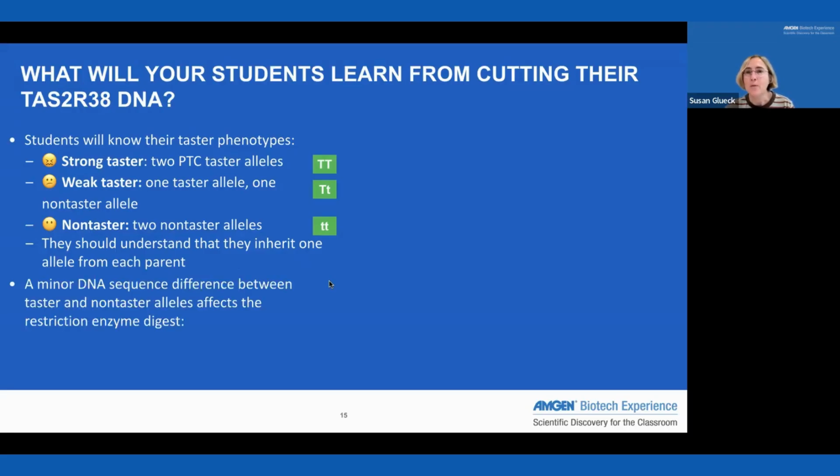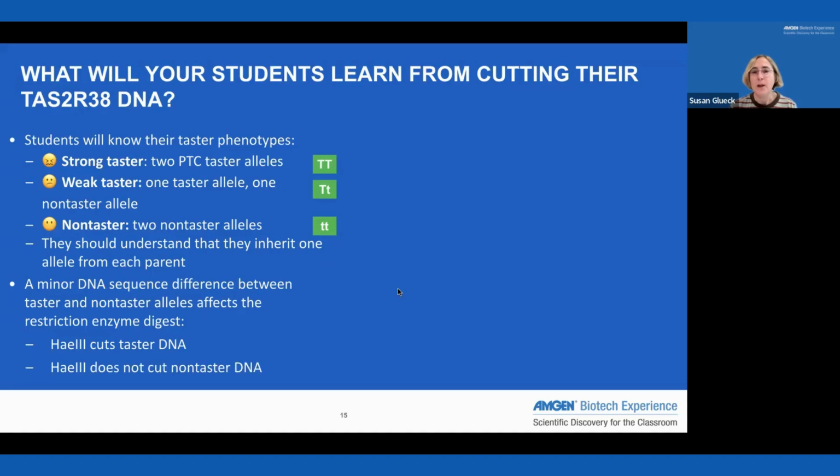The next step would be to determine, is there a genetic test that allows students to differentiate on a molecular basis between their different potential genotypes? And the answer is that there is a restriction enzyme which can make a cut that differentiates taster and non-taster DNA.